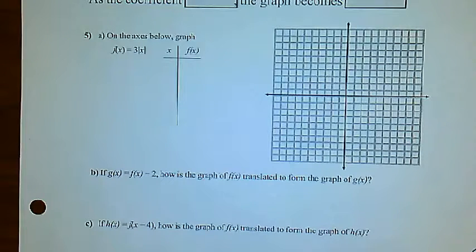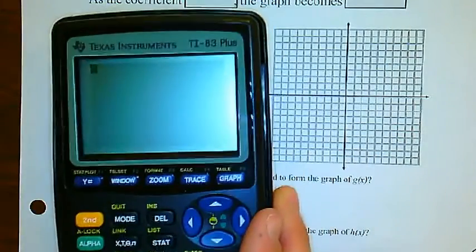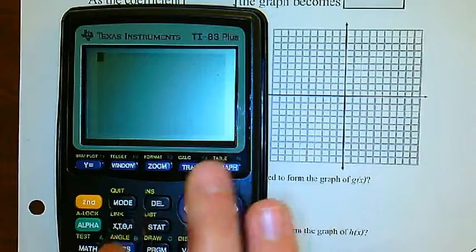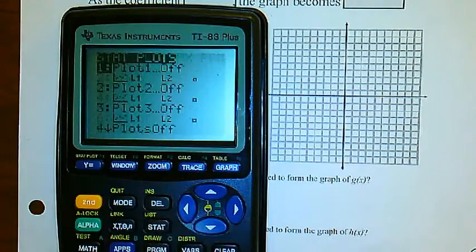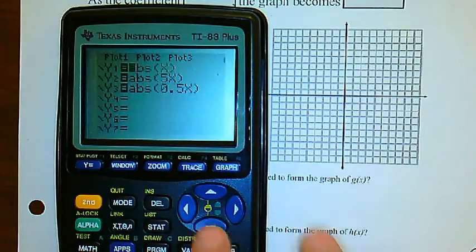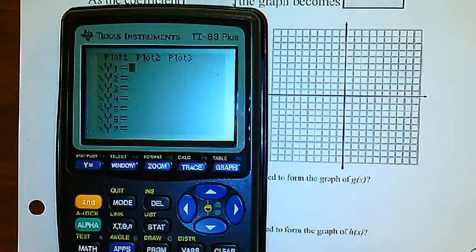For the next one, you're going to do the same thing, but now we're looking at if the coefficient is on the outside of your absolute value. So go ahead and put that in your calculator. The thing to remember about this one is that the 3 is outside of the absolute value, so you have to hit that first.